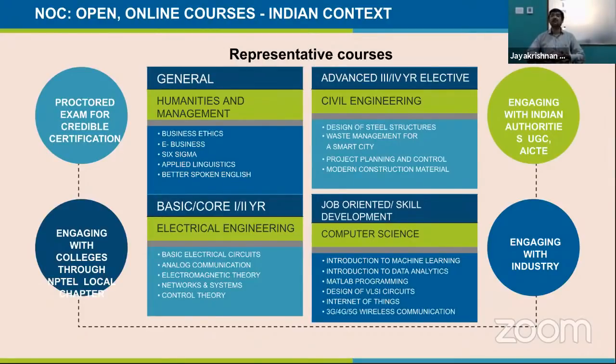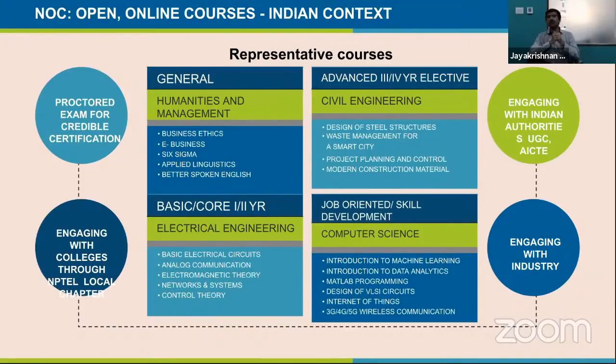So we have around 4,000 different colleges across the country which have come into partnership with NPTEL. They allot a single point of contact, who may be a faculty or a staff member in that college, and they provide dissemination of these NPTEL courses among the students within that college.